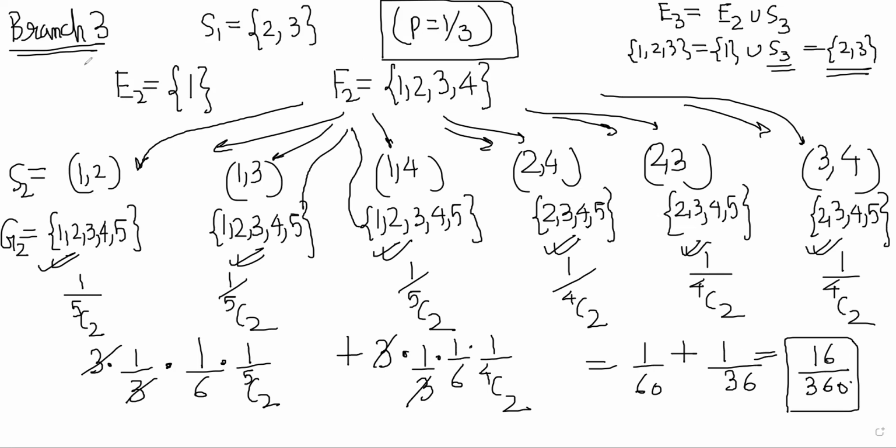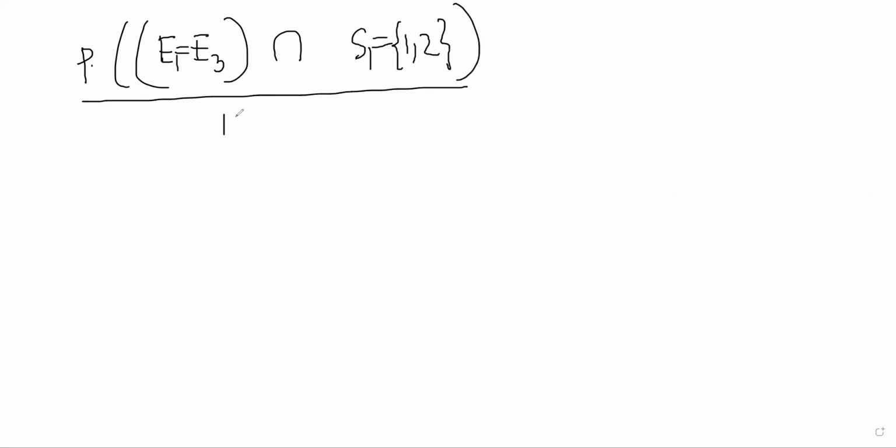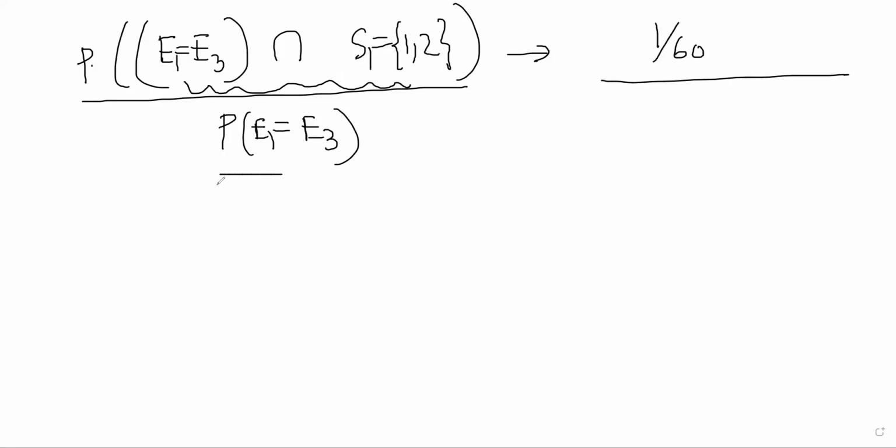Now, finally, my probability was E1 equal to E3 intersection with S1 equal to 1, 2, divided by the probability of E1 equal to E3, right? So this was the first branch that we calculated. That probability had come out as 1 by 60, right? And E1 equal to E3 can happen in 3 different ways.